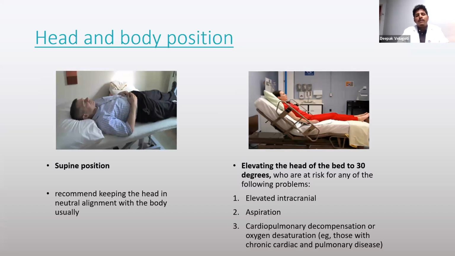And head and body position, usually we recommend patients to be in a supine position, which is a neutral alignment within the body, and except in cases such as elevated intracranial pressure, aspiration pneumonia, or any cardiopulmonary decompensation or oxygen desaturation, we ask the patient to have the head of the bed elevated to 30 degrees.